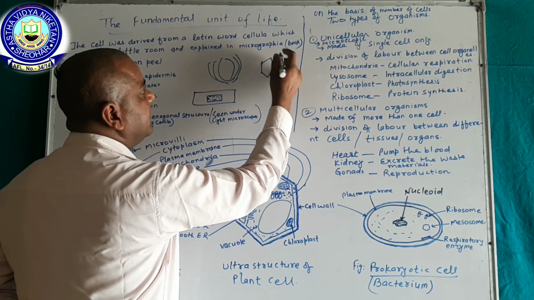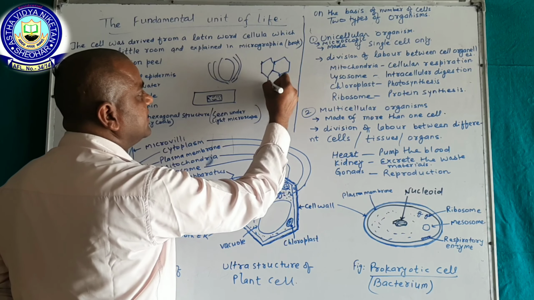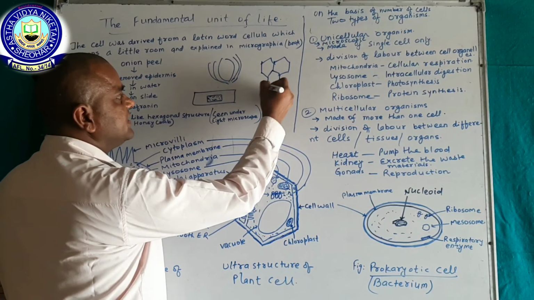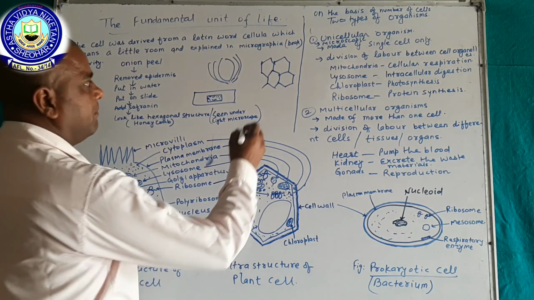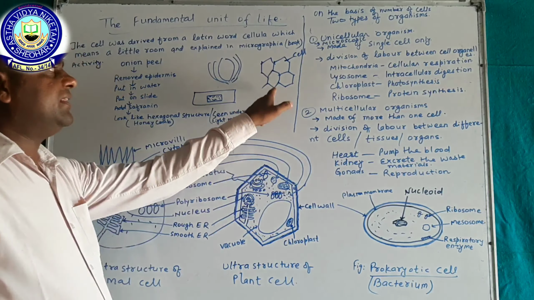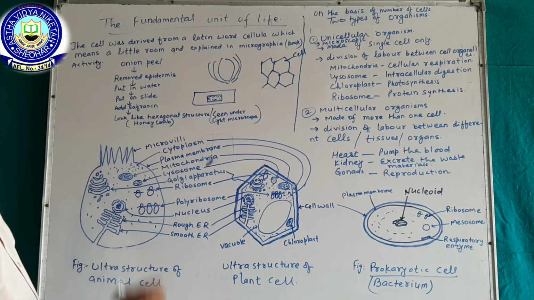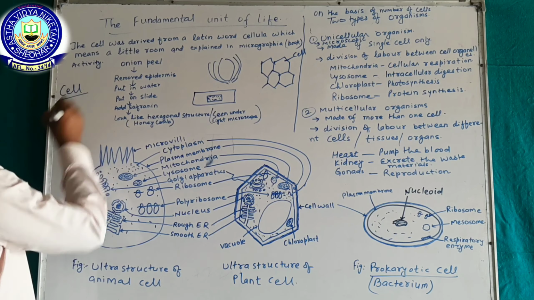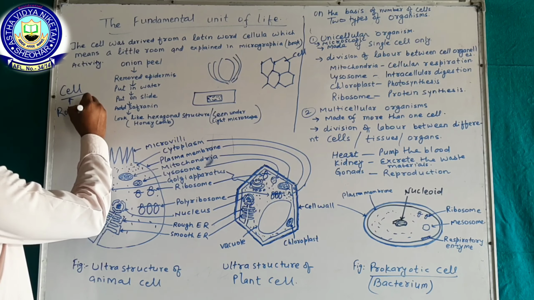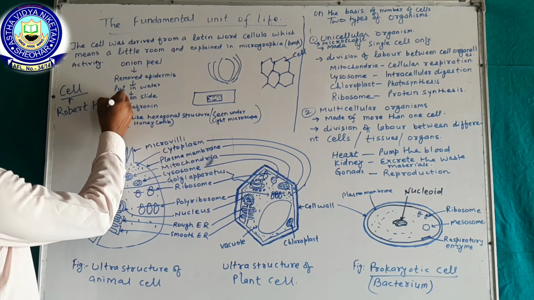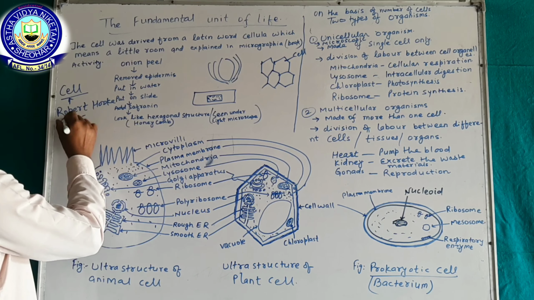In this way we see many cells like little compartments, and this compartment was named the cell by the scientist Robert Hooke, in 1665.